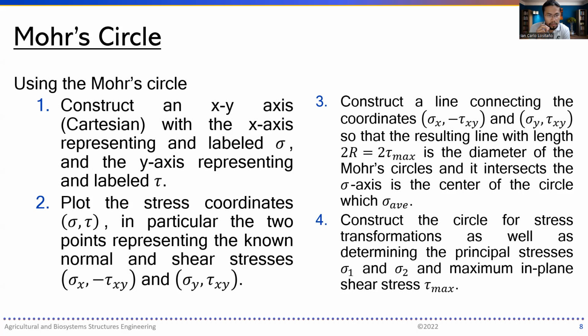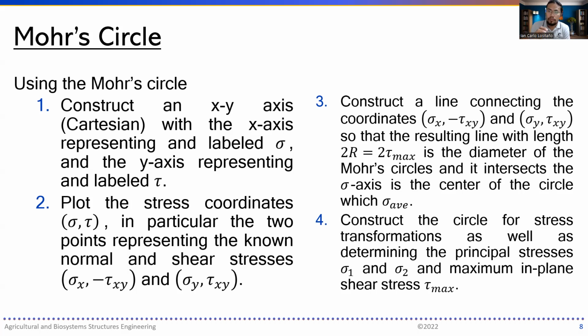The x-coordinate along the x-axis is partnered with the negative of the shear, and the y-coordinate along the y-axis is partnered with the positive shear, and a line is constructed between these coordinates, because the coordinates are already part of a circle. When you have the endpoints of the circle, that would now become the line that's circumscribed by the circle.